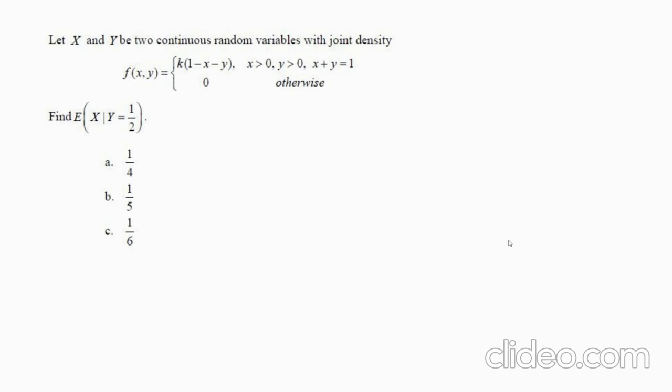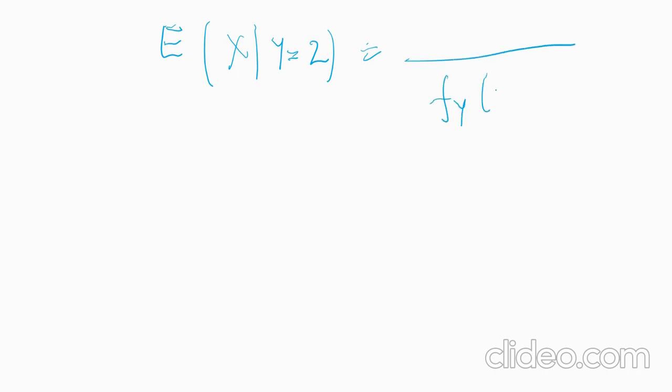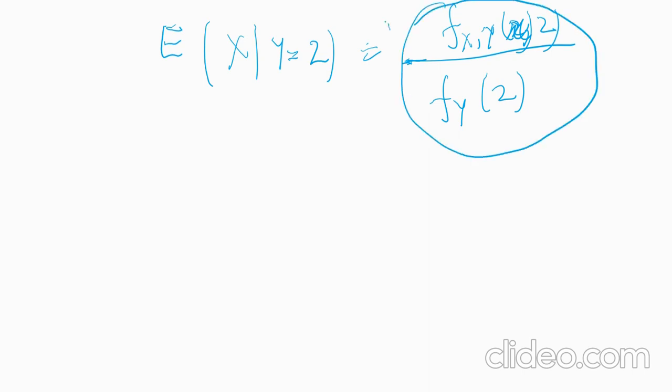So now what we can do here is that the expectation of x given y equal to 2 can be written as f of y at 2, and then fxy at x comma 2, and we will do its integration with respect to x.